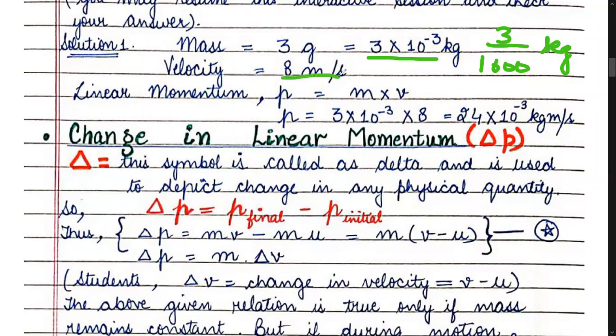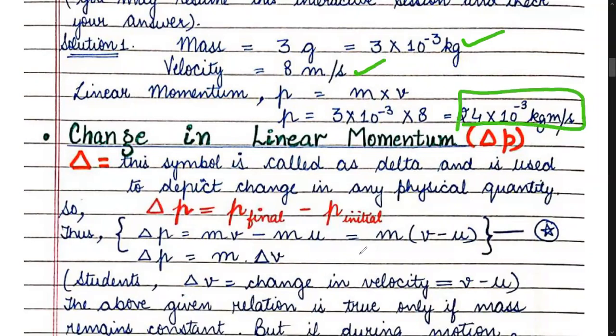Velocity is 8 meters per second. So children, linear momentum can be written as mass into velocity. Put the value of mass and velocity such that your answer comes to be 24 multiplied by 10 raised to power minus 3 kg meters per second.